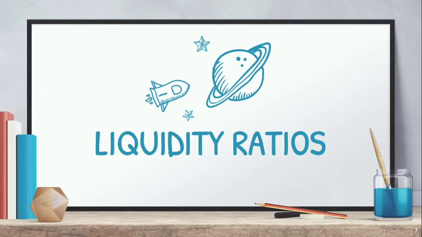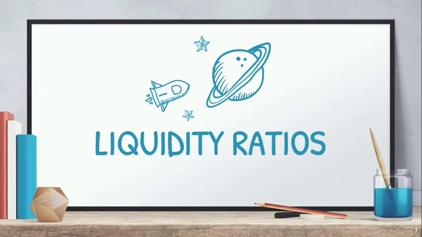Financial ratios can be subdivided into categories according to their functions and what type of company performance they measure. So, the first category that I will discuss is liquidity ratios. As we all know, liquidity is the ability to satisfy our currently maturing obligations.